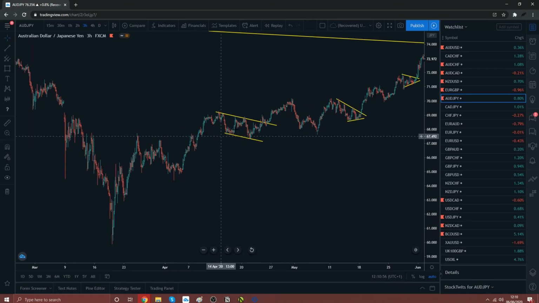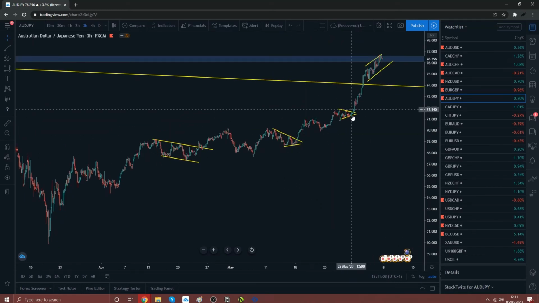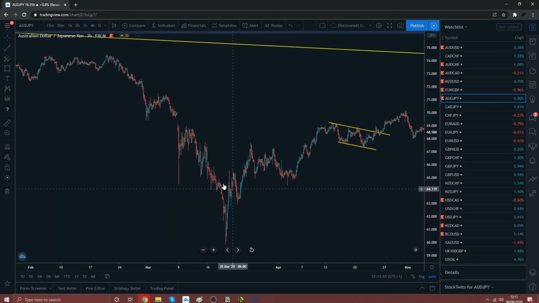Again, similar price action to the Aussie dollar, US dollar that we covered, but again, you can see the big boys playing. Then you see the smaller boys, the big boys, smaller boys, and it just carries on in that sense.